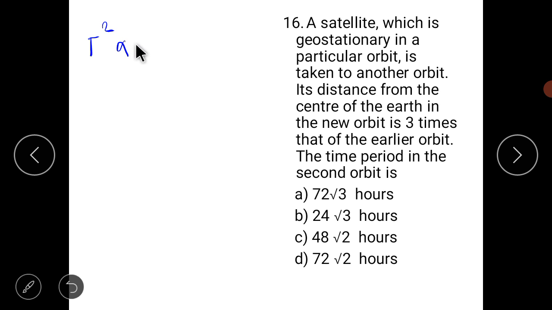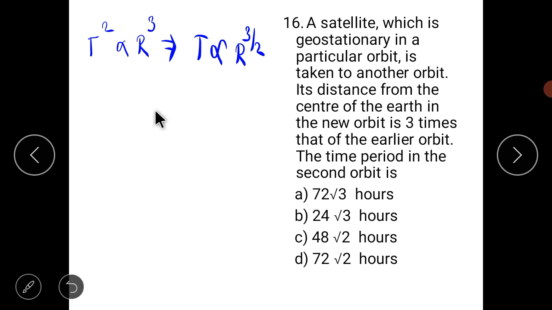So T square is proportional to r cube. So this implies T is proportional to r raised to 3 by 2.